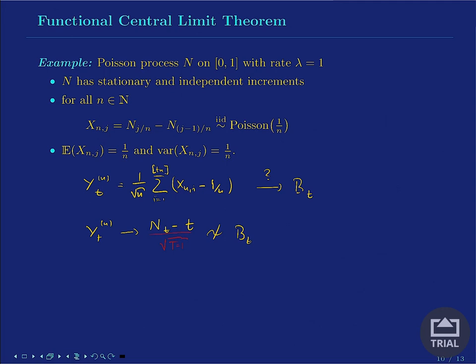So we simply have the Poisson distribution here corrected for its mean. So this gives a piecewise constant function here minus a linear trend.